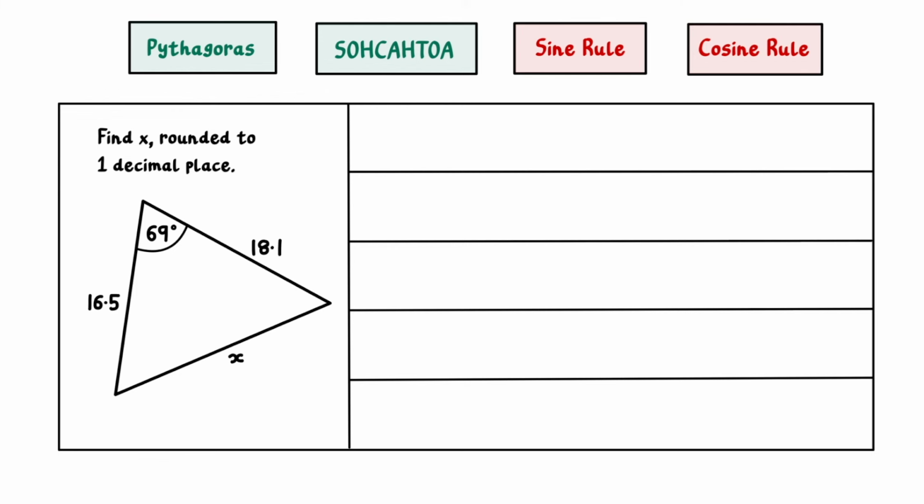A very useful question to ask here is the following: does the triangle contain a right angle? Pythagoras and SOHCAHTOA require a right angle, whereas the sine rule and cosine rule do not. Since our triangle does not have a right angle, we'll want to use either the sine rule or cosine rule.